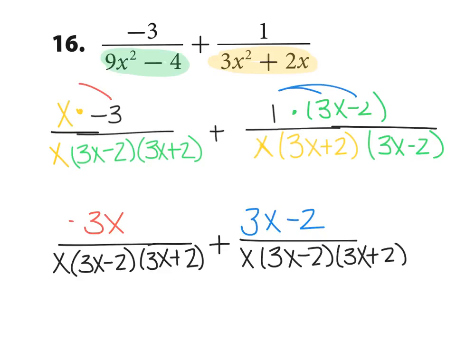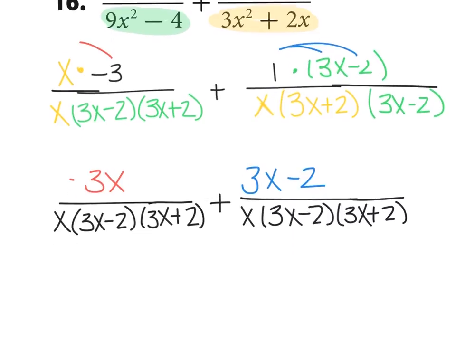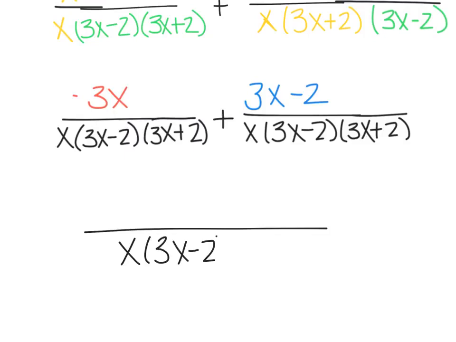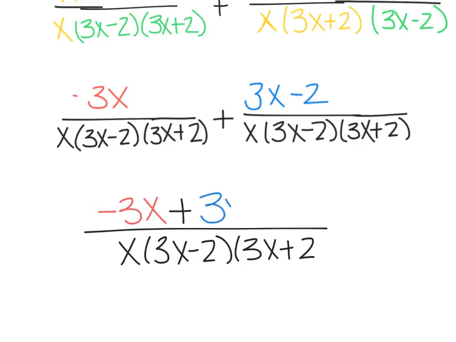So I'm ready to go ahead and combine these as one fraction. I'm going to make one denominator, x times 3x minus 2 times 3x plus 2. And my numerator is now negative 3x plus 3x minus 2.